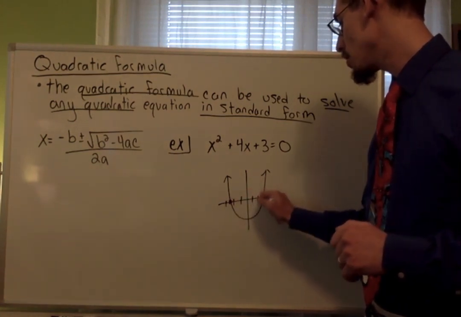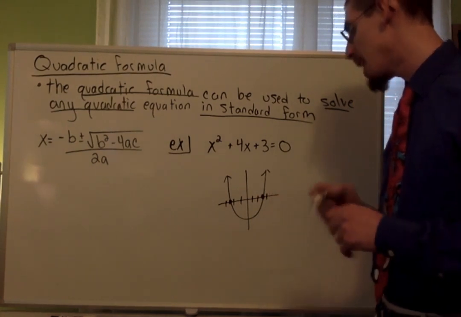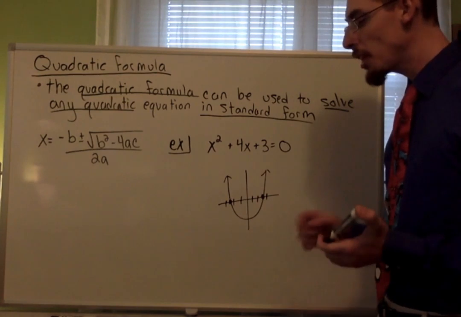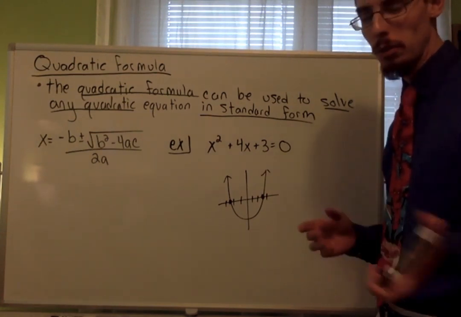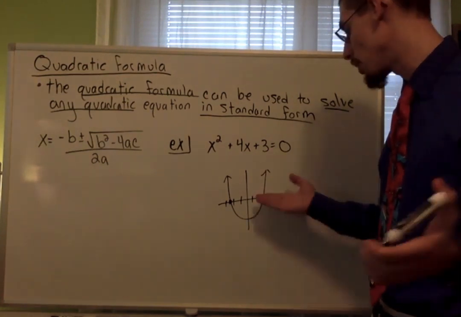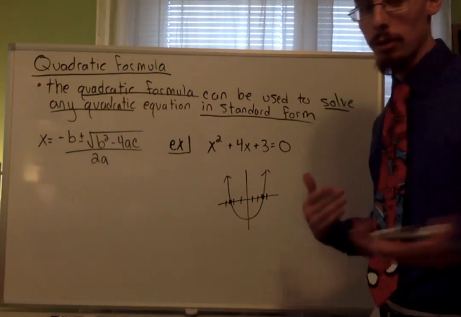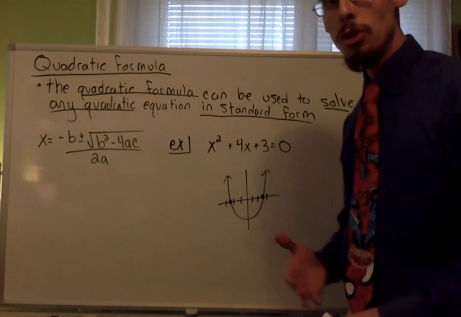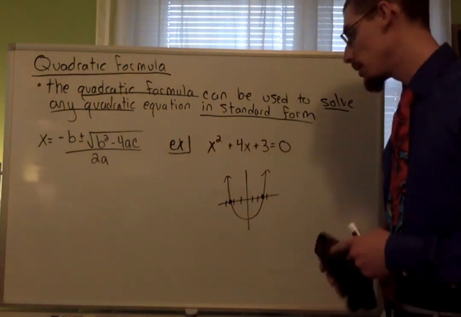and your x-intercept was not perfectly on a number, you really couldn't tell what it was, right? What was it, 2.75 or 2.83? I don't know. There's no way to know, right? Unless you use the quadratic formula.